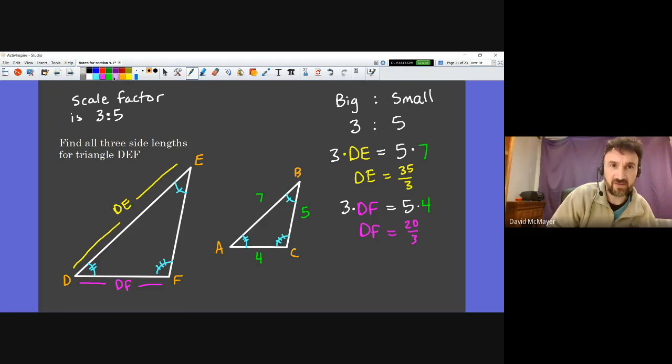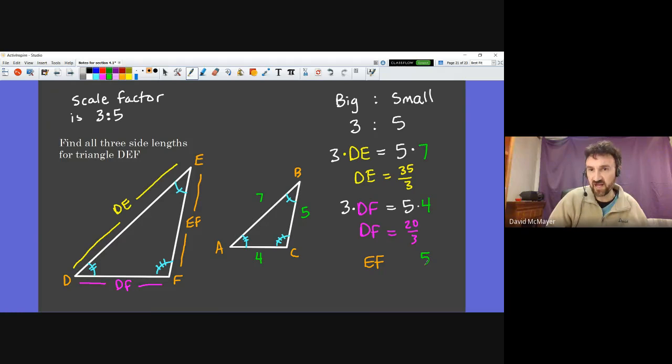One more side length to go. We can do this. I'm running out of colors. Orange. Okay, so this last side length is going to be EF. That's on the big triangle, and it matches with the 5 on the small triangle.